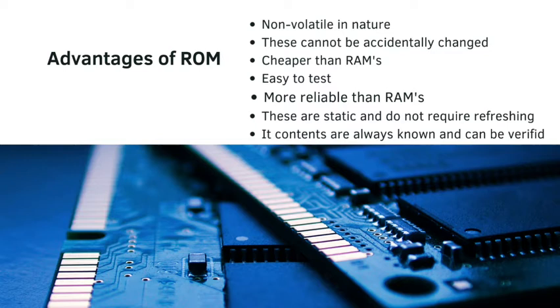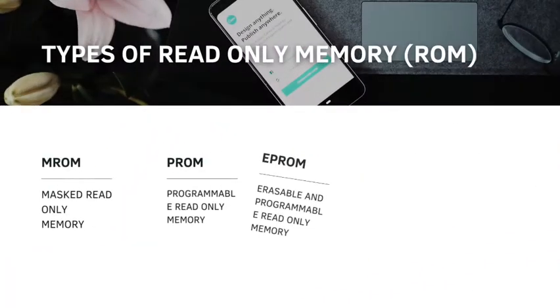These are static and do not require refreshing; you don't have to refresh the memory for you to save them. Its contents are always known and can be verified. So if you're having issues with a particular information, you can easily confirm it, because it is permanent. It's not like the RAM that is temporary.